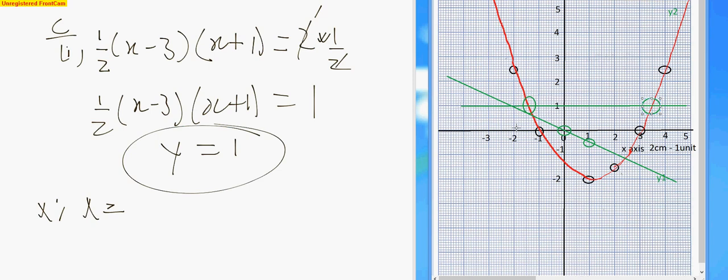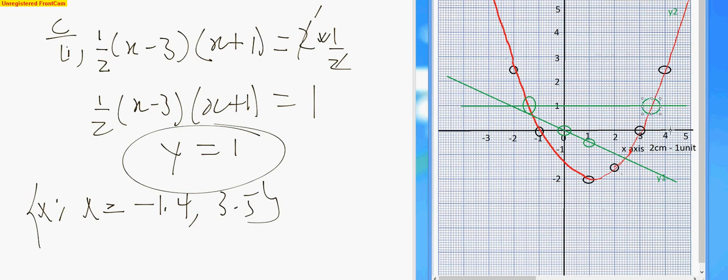And then this one here is about 3.5. So that is what will be the solution for the C I.